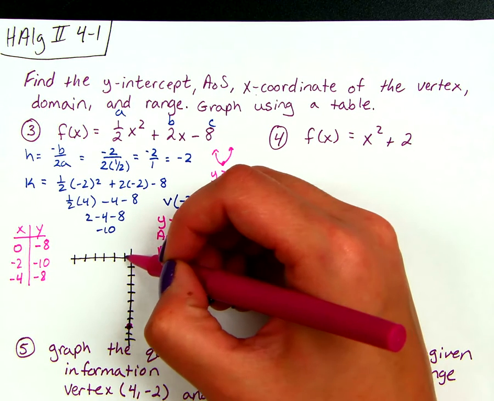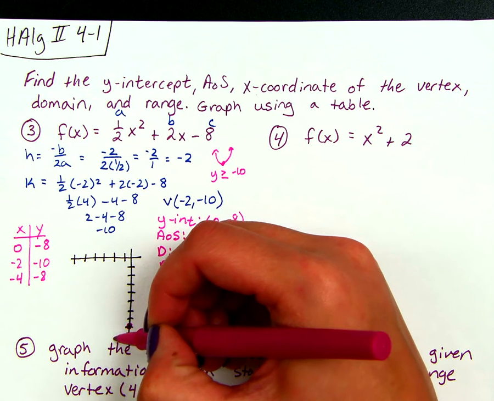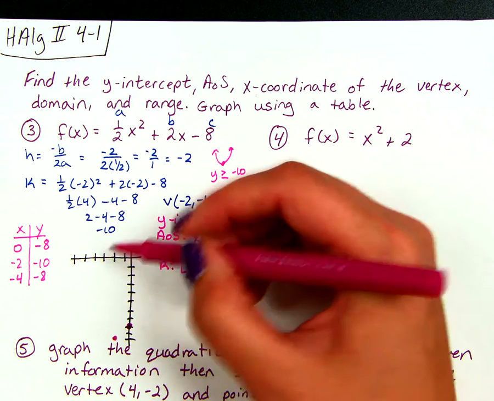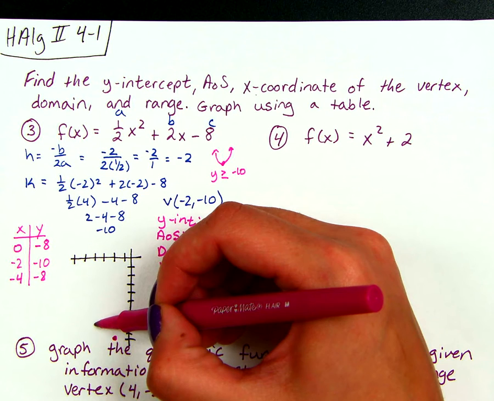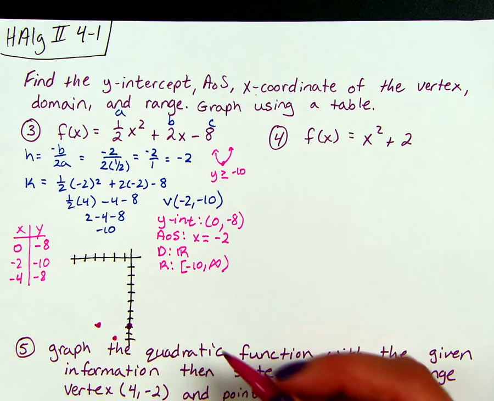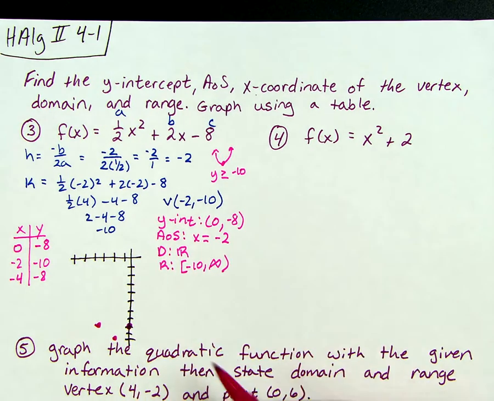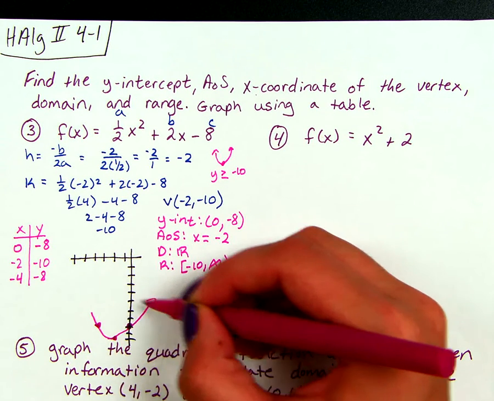And then left 2 down 10. And left 4 down 8. So again, if you do this on normal graph paper, your graphs will look a little bit nicer, a little more symmetrical.